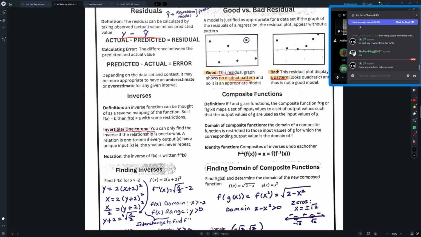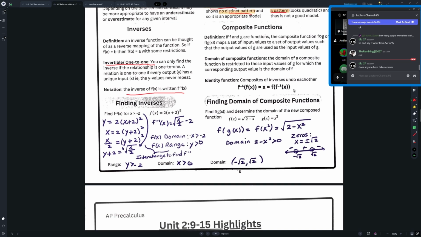Inverses are invertible, and notation is f of -1 of x. For the domain of composite functions, your domain and range are flipped. And the domain of your composite function is both of your functions, your final function, pretty much.